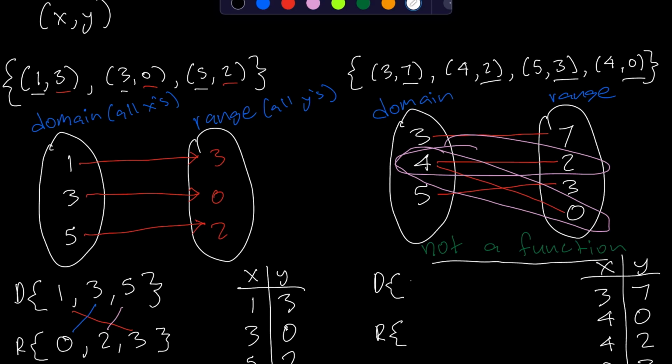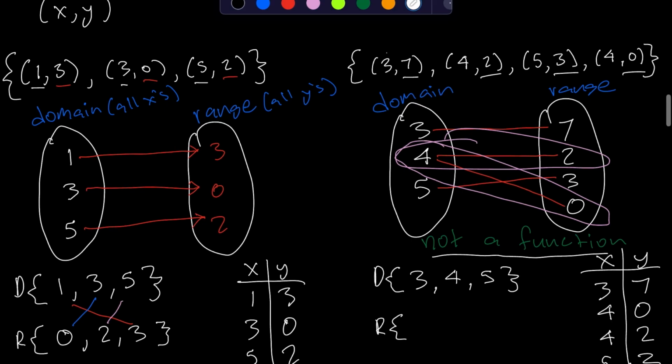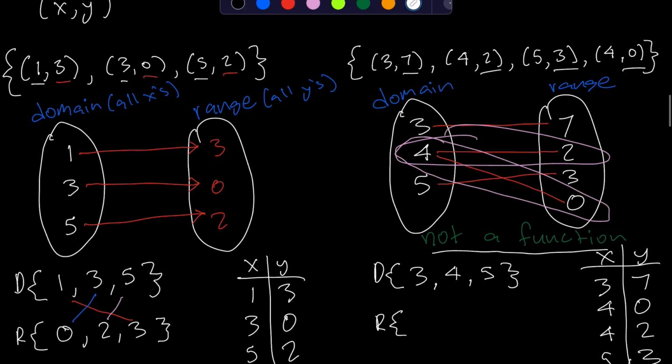Same thing with the domain. If it's not clear already, I got 3, 4, and 5 from this domain thing, but if you were just looking at a relation of ordered pairs, you can see we got 3, 4, and 5. The reason I'm not writing 4 twice is because it's repeated. It's already clear, it'll just be redundant. Then the range, in accordance with that, is 7, 2, 3, and 0.